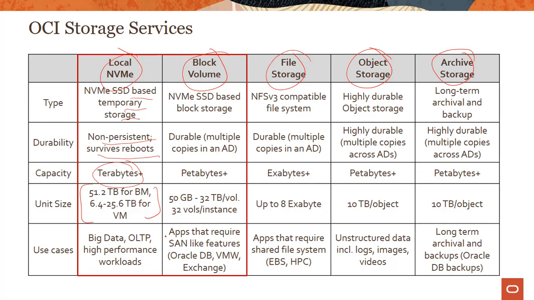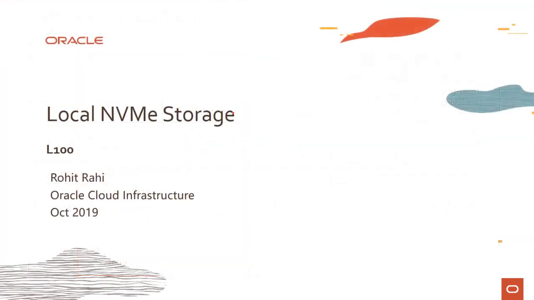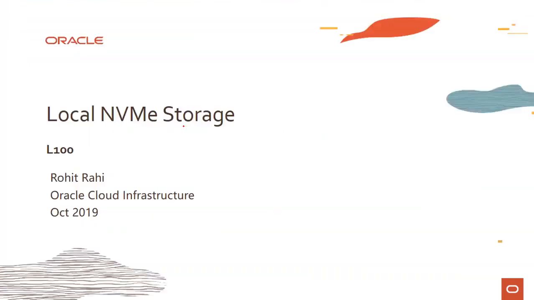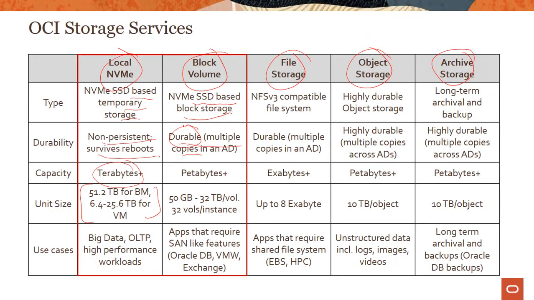Block volume is also NVMe SSD based block storage. But the difference between local and block is that block volume is durable. What does that mean? Durable means that we make multiple copies of the volumes in an AD. So even if a volume dies, we make three copies, so we guarantee that durability.